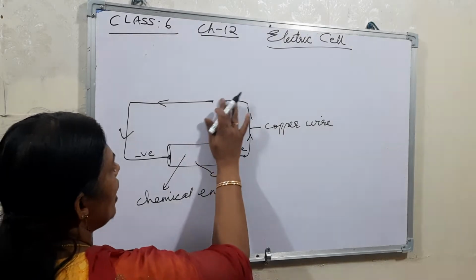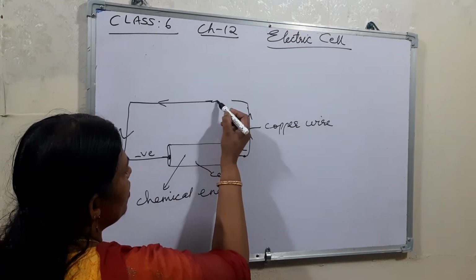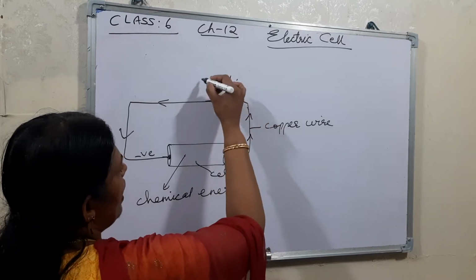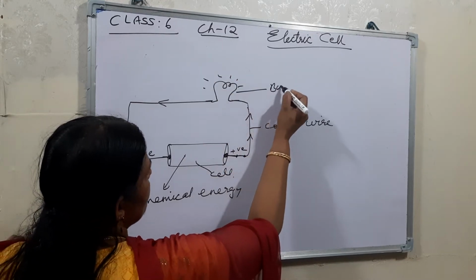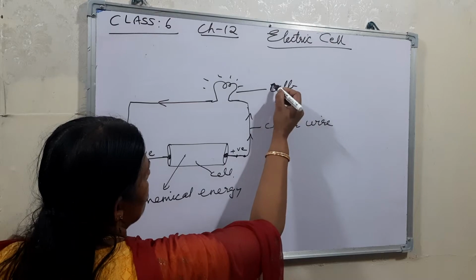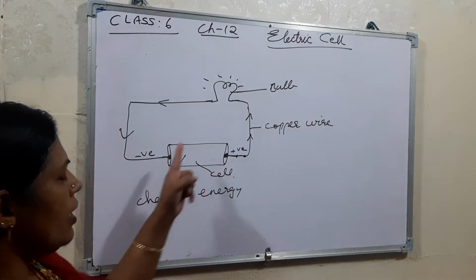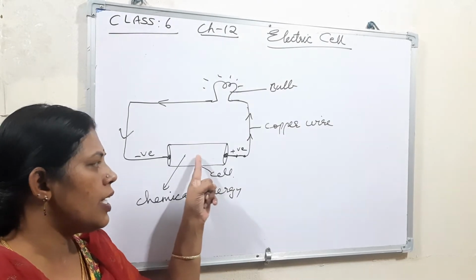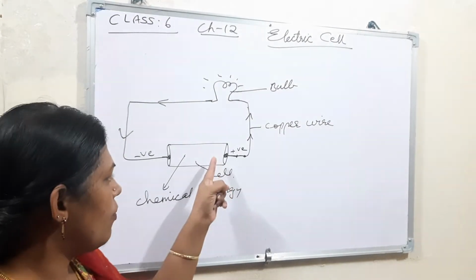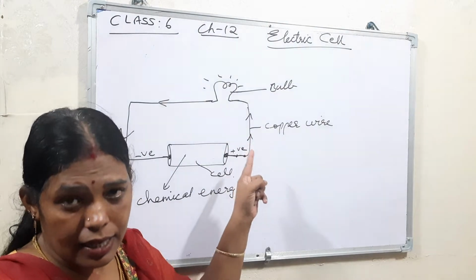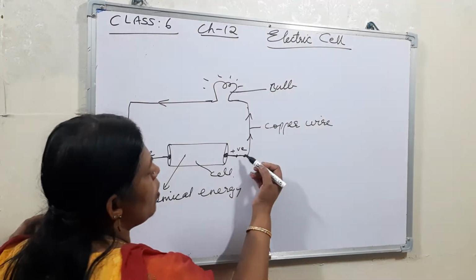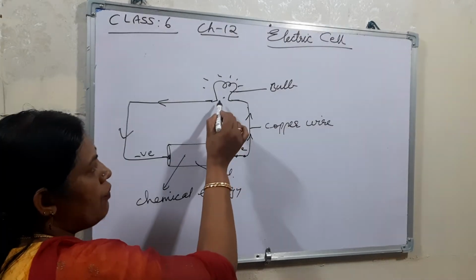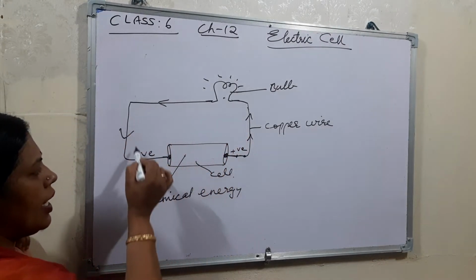So what we have to keep here is a bulb. This is the bulb. When switched on, the electrical energy, the electric current, flows from the positive terminal to the bulb, and from the bulb to the negative terminal.